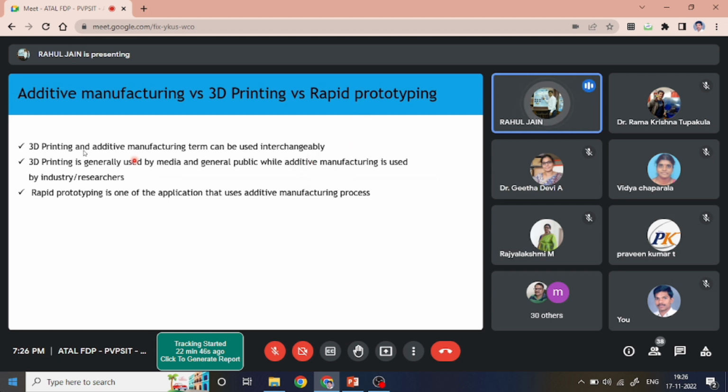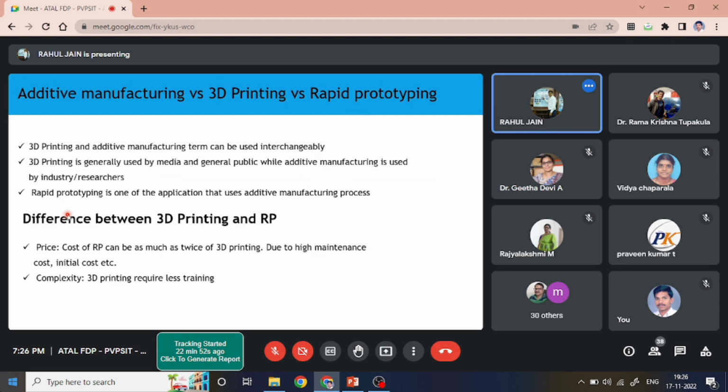Then what is rapid prototyping? Rapid prototyping is one of the processes under the category of additive manufacturing, right? So then what is the difference between additive manufacturing and rapid prototyping, which is RP? One, the cost of rapid prototyping process is very high, right? And the maintenance cost and initial cost is very high. 3D printing can take care of the complexity even with lesser training.